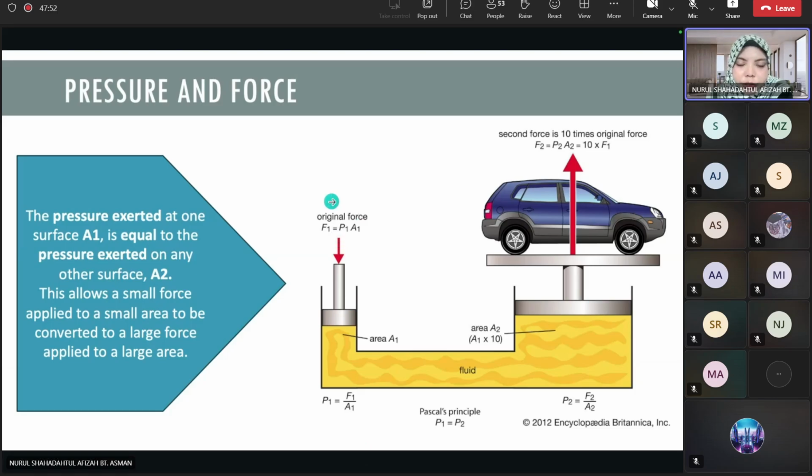Example, this one, the original force F1 equals P1 times A1. Inilah small area. Lepas tu bila ada large area, force dia increase. Tapi pressure masih sama. So second force ni 10 times the original force.